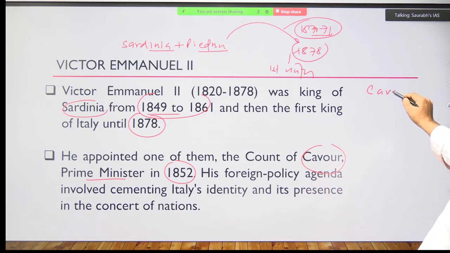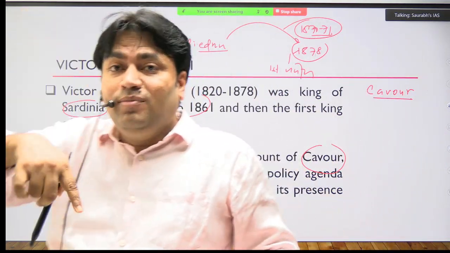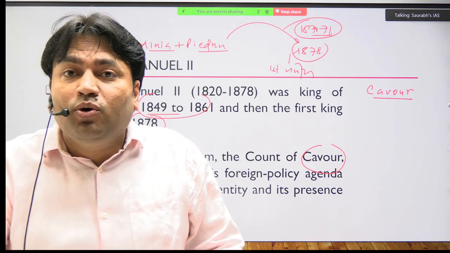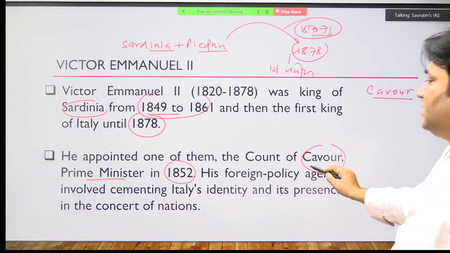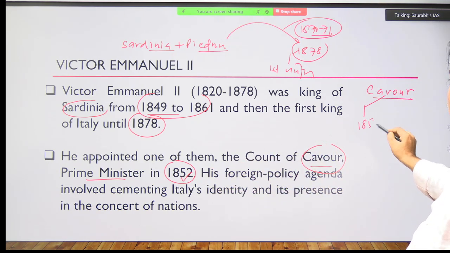हमेशा याद रखना, हिस्ट्री में बिस्मार्क जर्मनी में और कावूर इटली में किस लिए जाने जाते हैं? डिप्लोमेसी के लिए. तो जब भी आप डिप्लोमेसी पढ़ोगे तो इन दोनों के बारे में जिक्र जरूर होता है. तो कावूर, ही वाज अपॉइंटेड एज द प्राइम मिनिस्टर इन विच ईयर? 1850. ओके.